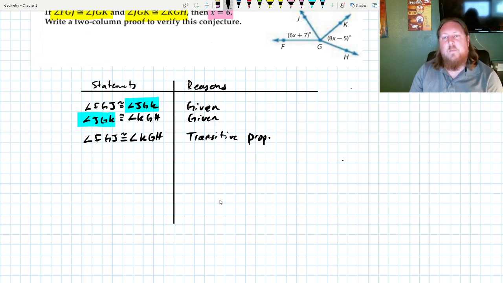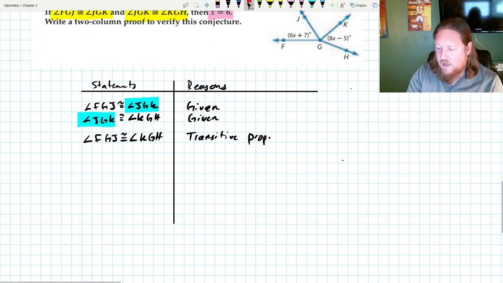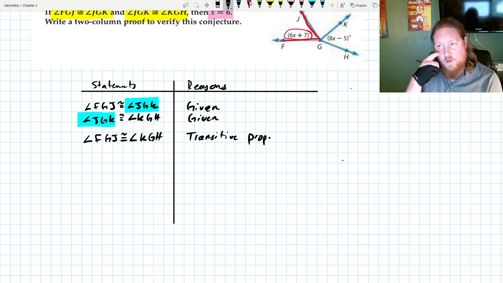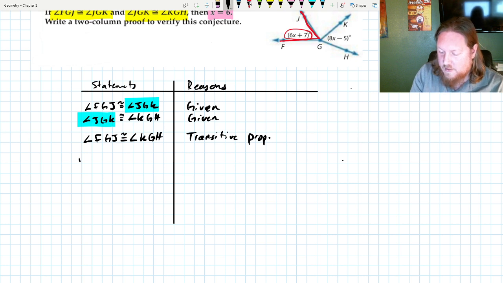Up next, do we have any sort of algebraic expressions for any of these angles? And I'm going to highlight FGJ in red there, and you can see we have an expression. That is something that's given to me because it's in the picture for the problem. So I'm going to say the measure of angle FGJ equals 6x plus 7.